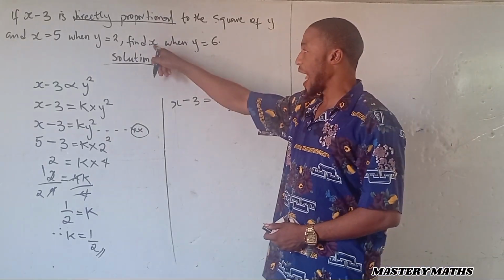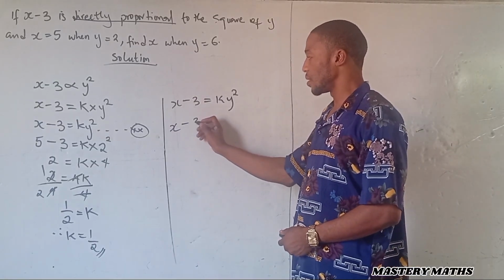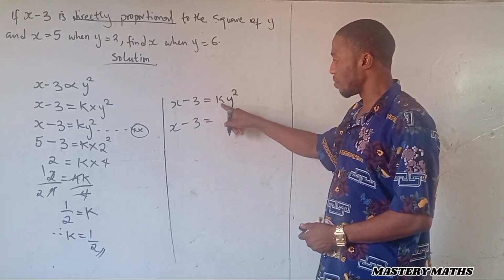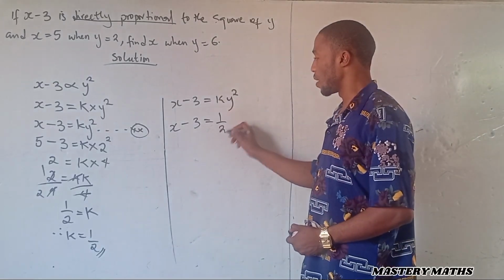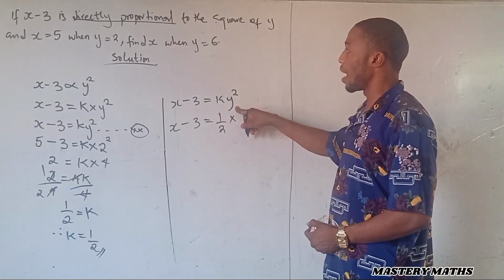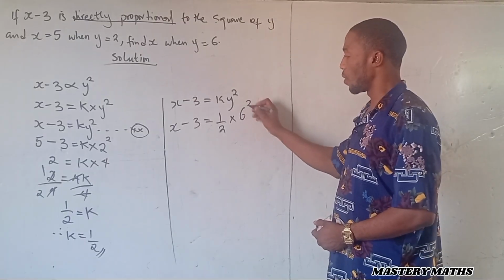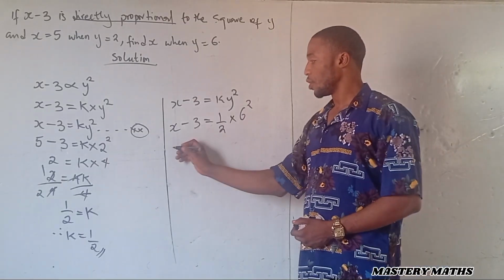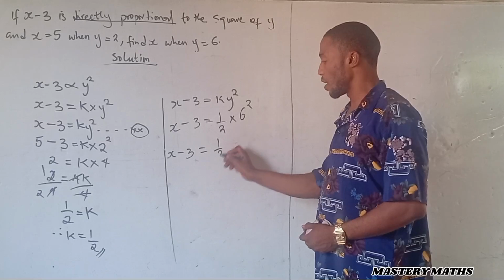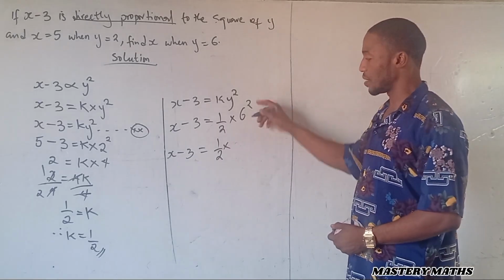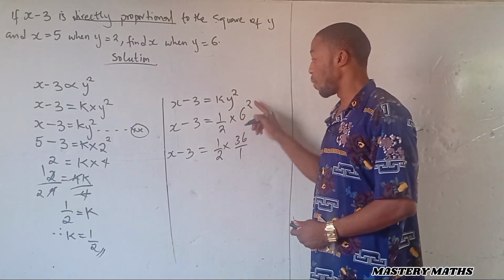So find x. They didn't give us x. We bring our x minus 3 equal to, now what is k? Remember, we solved for k, the constant, which is 1/2, times y, which is 6, raised to the power of 2. 6 raised to the power 2 is 36.